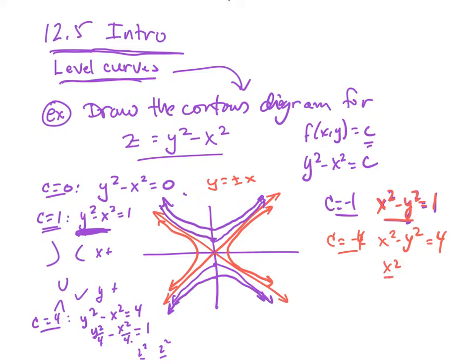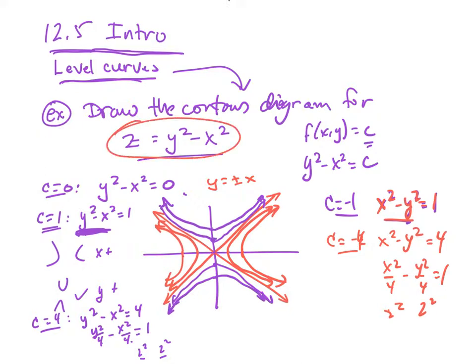Once again, x squared over 4 minus y squared over 4 is equal to 1. This is 2 squared, so I'm going to go out 2 units this way, and then I'm going to have my hyperbola. So these would be level curves for our contour diagram for this function.